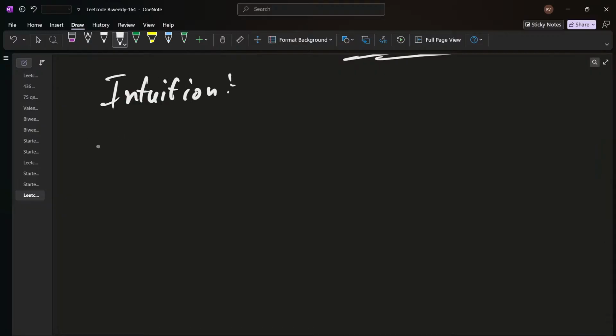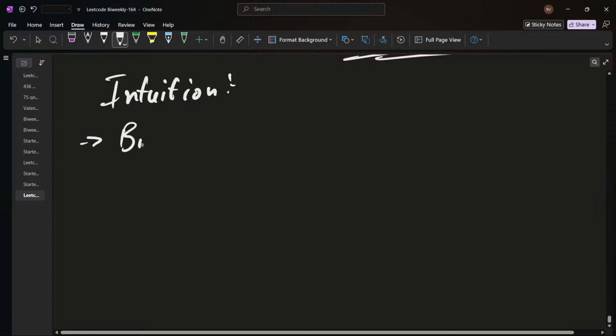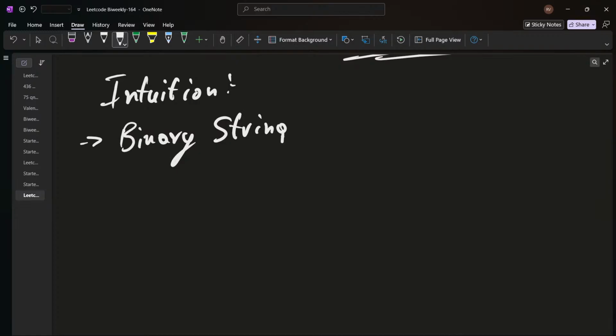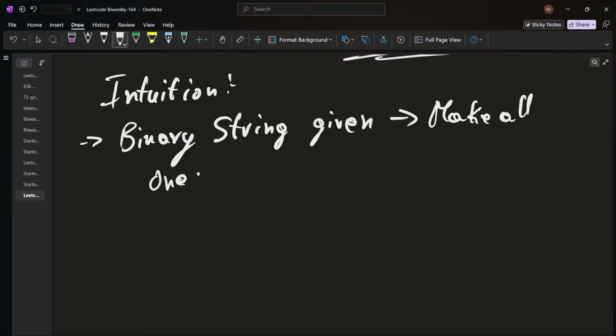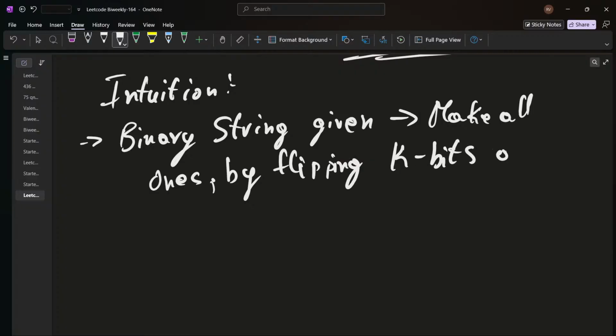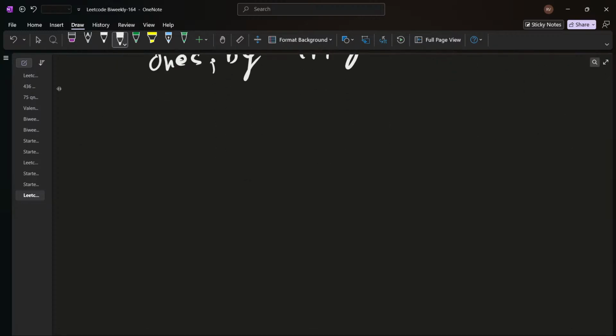Simple intuition: a binary string is given, make it all ones by flipping k bits at once.